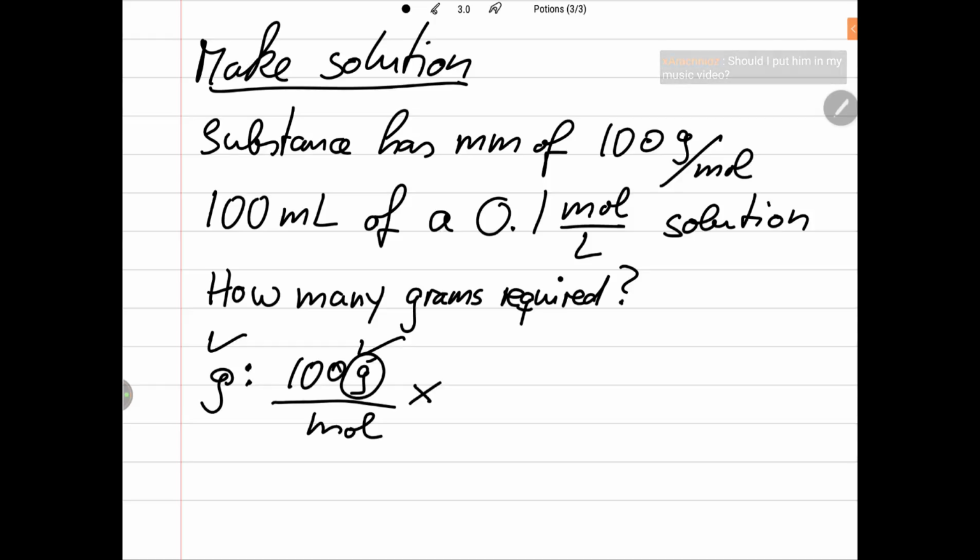I simply write it so that the moles cancel out. 0.1 mole per liter. You see what happens to the moles? Hasta la vista.